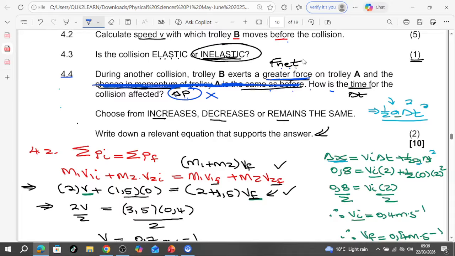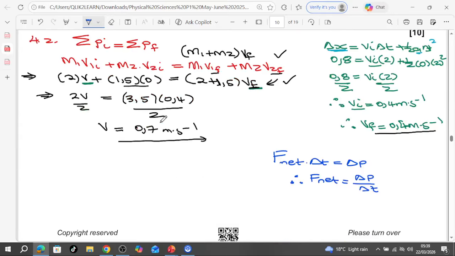The only thing you are interested in is what happens to the time if the F net increases. Let's go into our formula. I'm just going to avoid the delta P. So F net is inversely proportional to 1 over delta T. So I have F net inversely proportional to the time. This tells me that if the F net increases, if the force increases, delta T decreases.